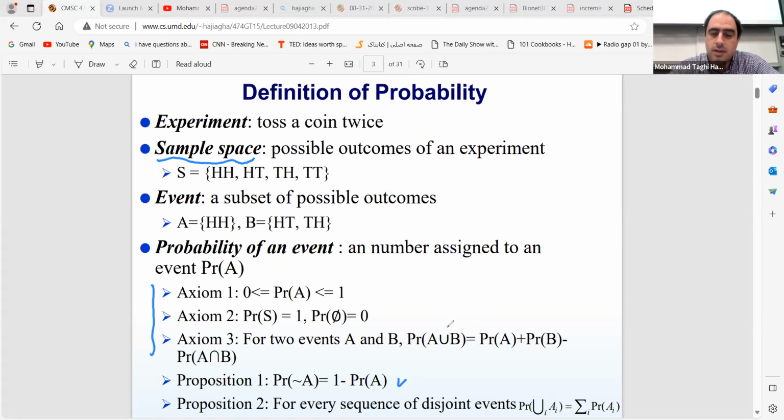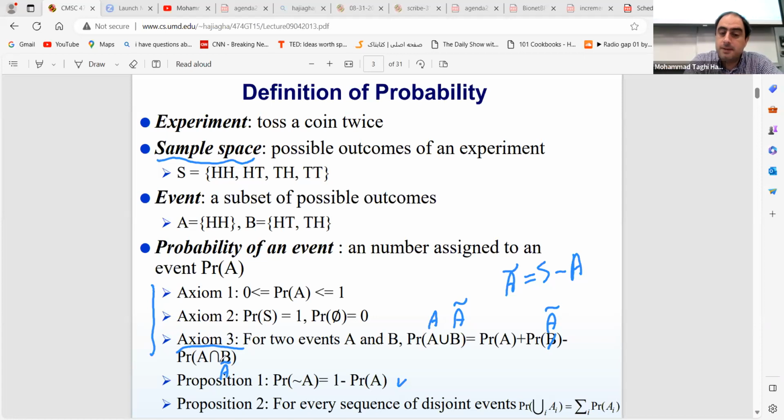We consider A and A bar, or A tilde, defined as A tilde equal to S minus A. By axiom 3, the probability of A union A tilde would be the probability of A plus the probability of A tilde minus the probability of A intersection A tilde.